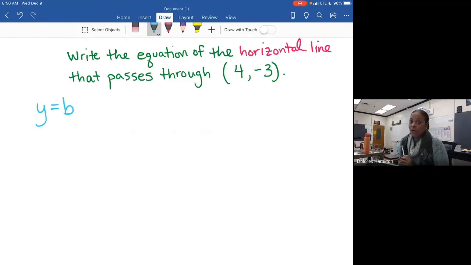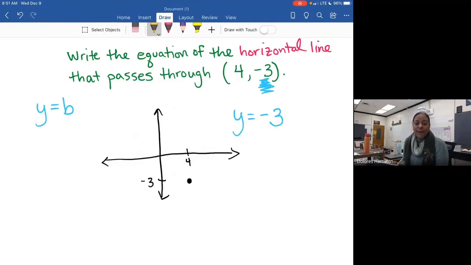You may recall that horizontal lines always have the form y equals a constant. So what we want to do in this example is see what that y value is, because it means that y has to be the same for that entire equation. So our graph would actually be the line y equals -3.